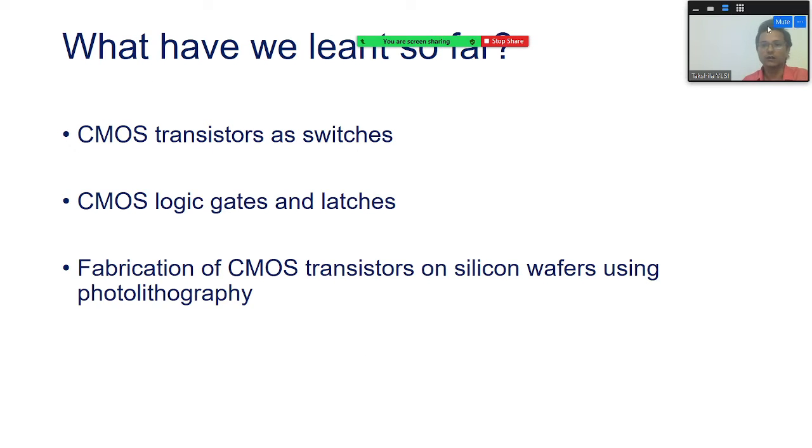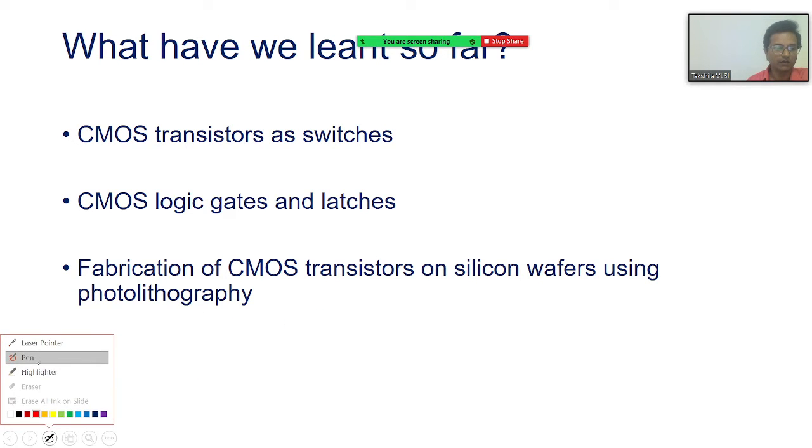So what we have learned so far: the transistor as a switch, the transistor as logic gates, and then the fabrication of CMOS transistors, how we can fabricate those transistors on silicon wafers using the photolithography process. These basic things you should know.